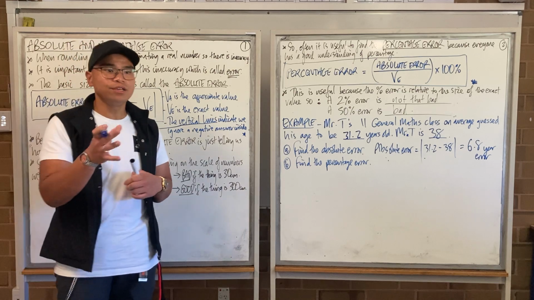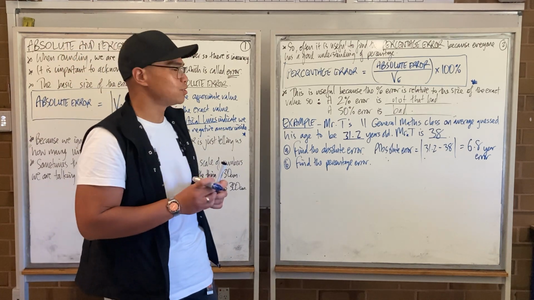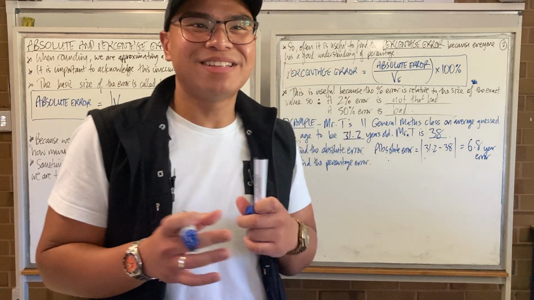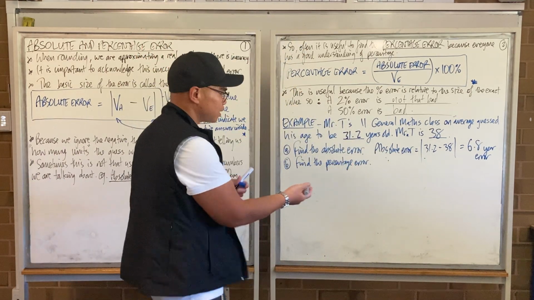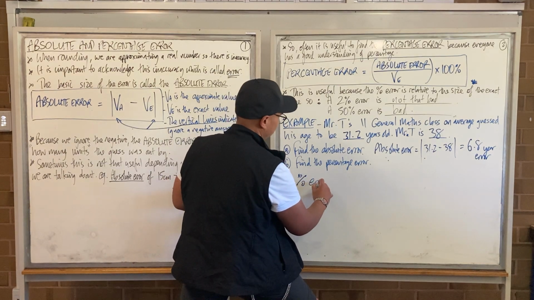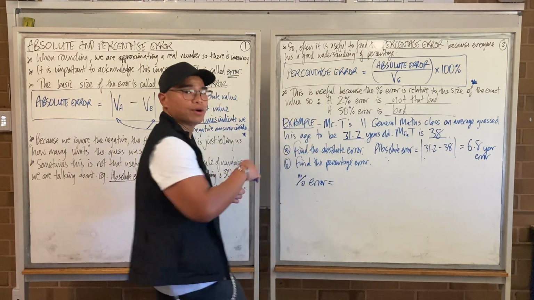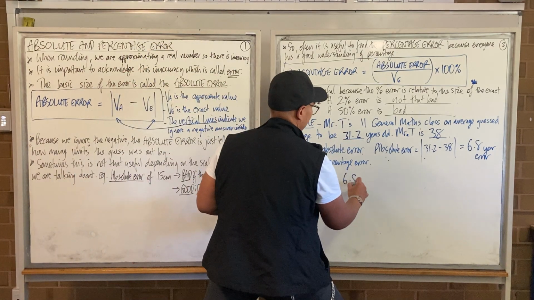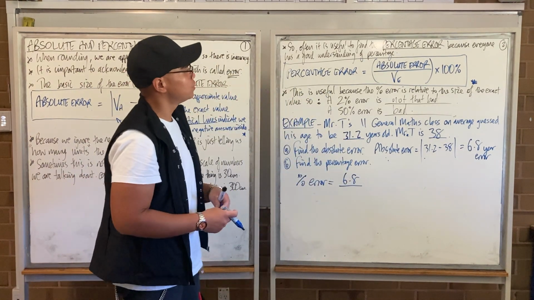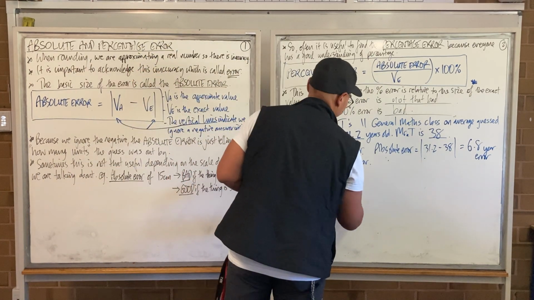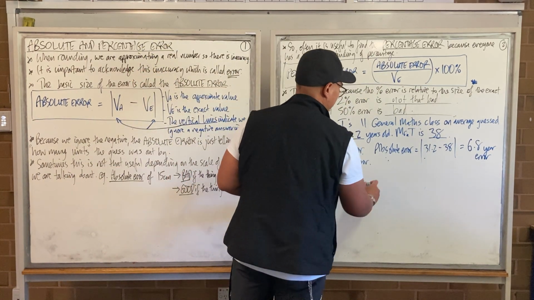That's pretty chunky when we're talking about 38 years old, but if I was 100, 6.8 years is not as much, okay? So then let's find the percentage error. Percent error equals the absolute error. Did I just find the absolute error? 6.8 over, what was my exact value of it? Yeah. Work that out first in the brackets.